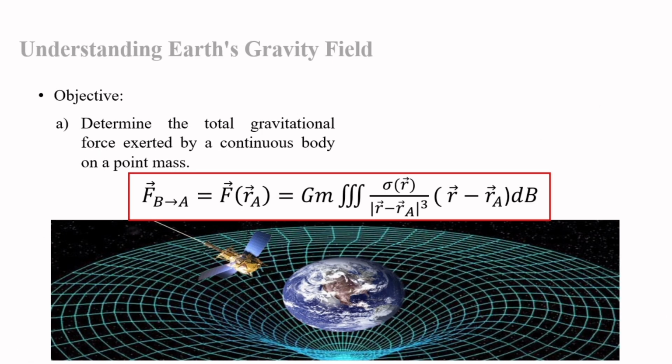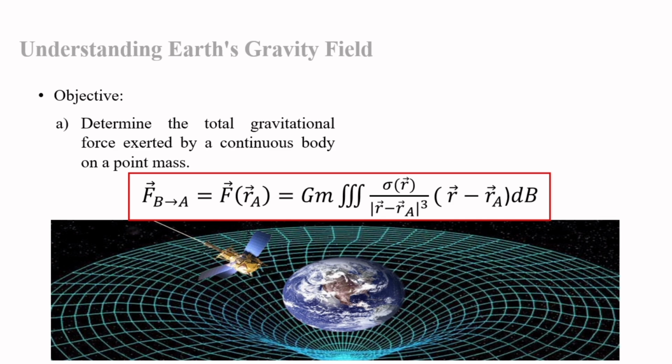Now, in order to find the total gravitational force exerted by this body on a point, we sum all these differential forces. Since the body is continuous, this summation is done through integration. Since G and m are constants with respect to the integration over the volume, they can be taken outside the integral.